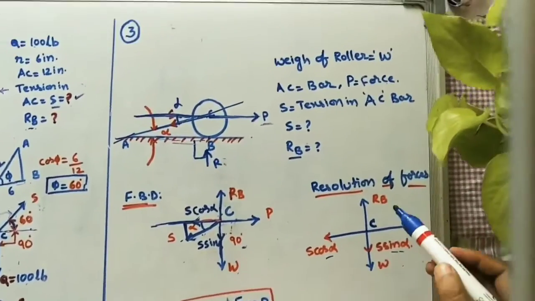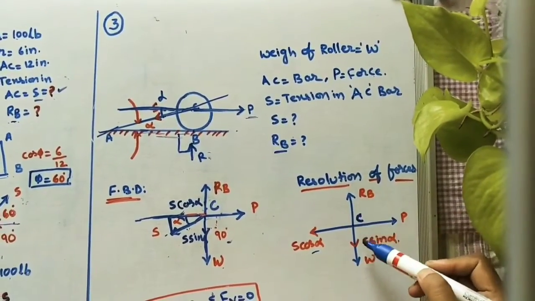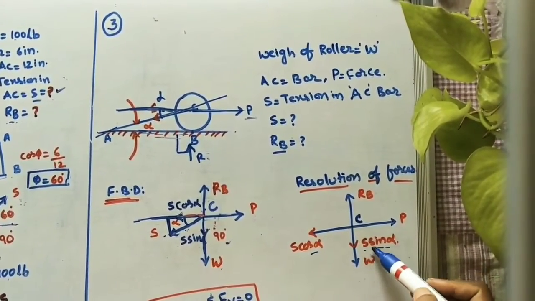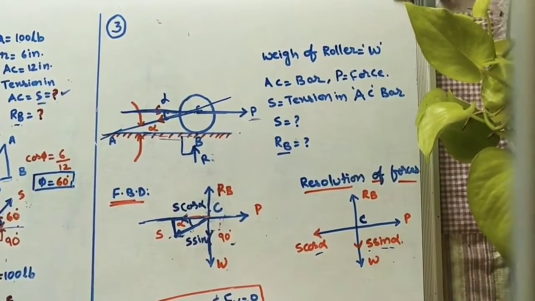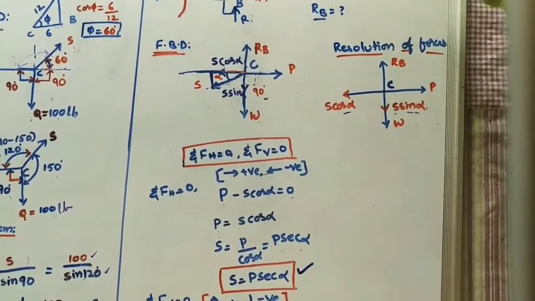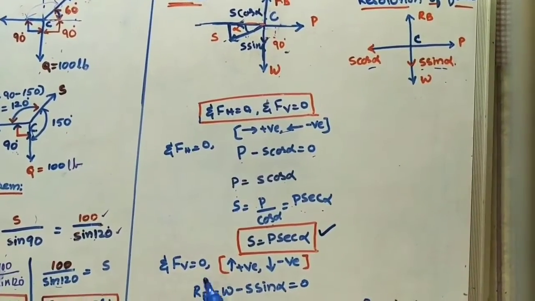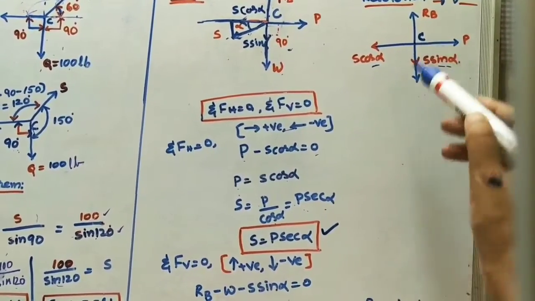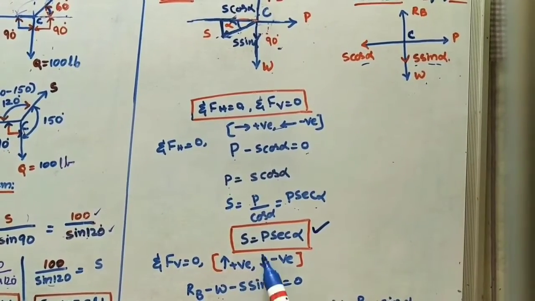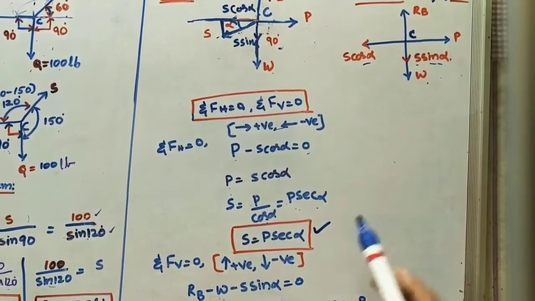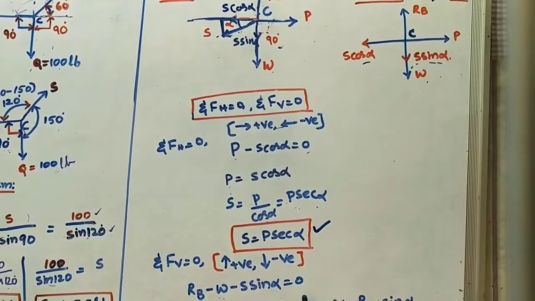So vertical forces in the upward direction I am taking positive, downward direction I am taking negative. In this diagram, what is the first vertical force? Upward, RB. Okay, downward forces are W and then S sin alpha. For RB positive, for these two forces negative. Now consider here, sigma Fv is 0, RB is upward, positive, minus W because it is downward, minus S sin alpha is equal to 0.